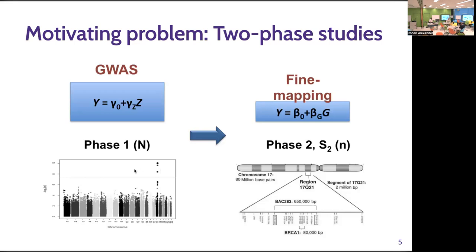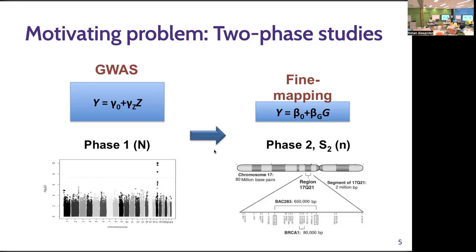But GWAS only tells you part of the story. It tells you which location, but not which mutations are really the causal ones. For that purpose, you want to do sequencing, next generation sequencing, or what is sometimes called fine mapping. But that could still be expensive, so you may not have enough money to do it on everyone.